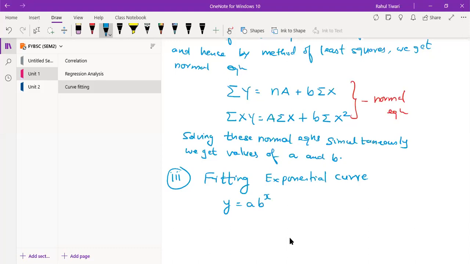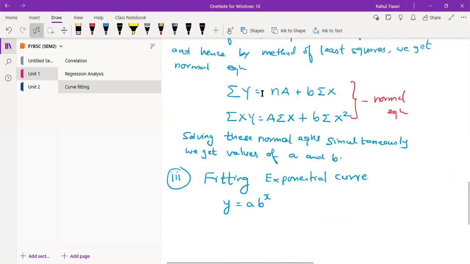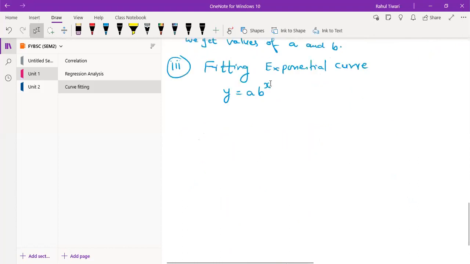Understand this model: constant raised to the variable. If it is constant raised to variable, that means it is exponential. This is variable raised to constant, the power curve. Constant raised to variable, exponential curve. Make sure you understand properly.